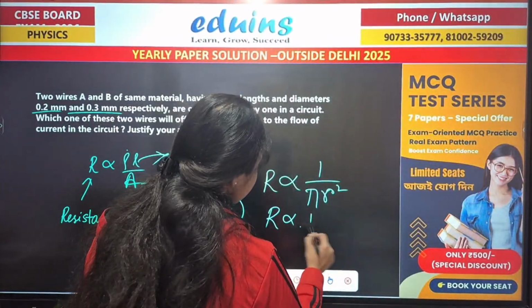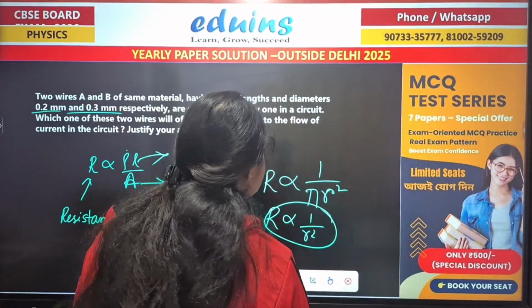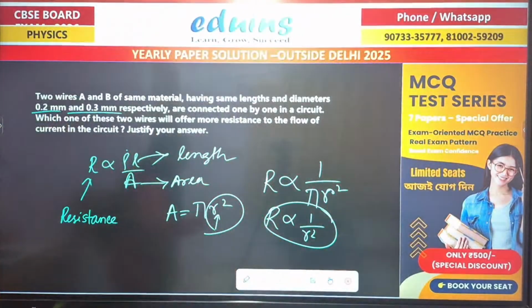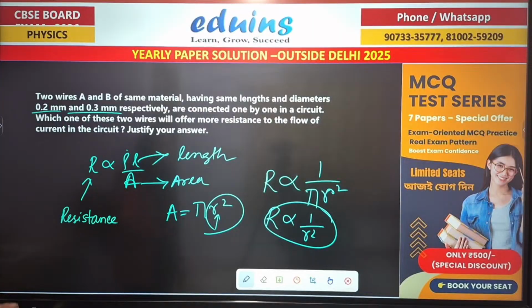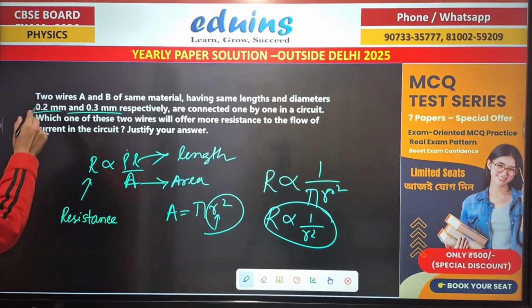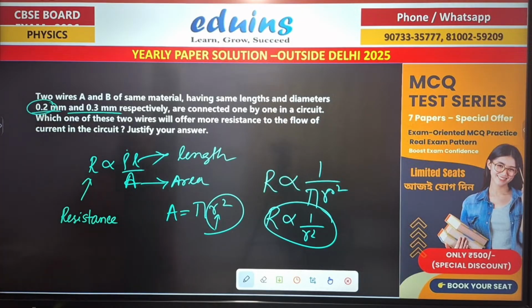So for smaller r, the resistance becomes larger. Wire A has the smaller diameter. So between these two wires, wire A offers more resistance to the flow of current in the circuit. So, we have justified our answer.